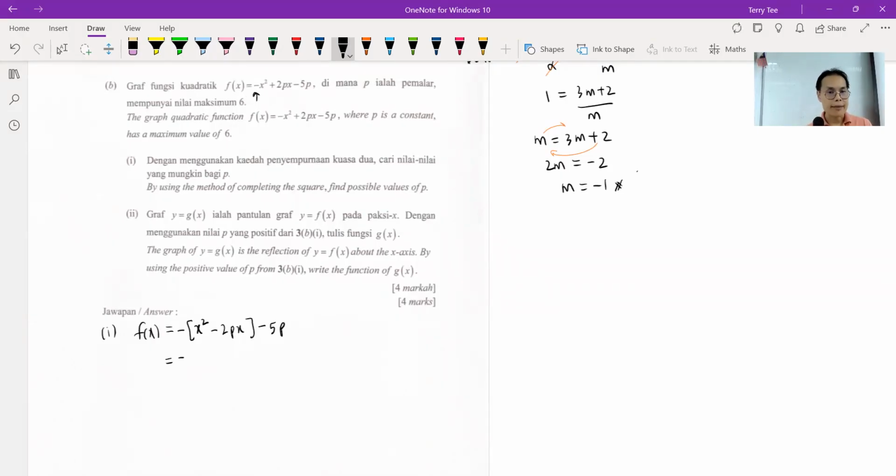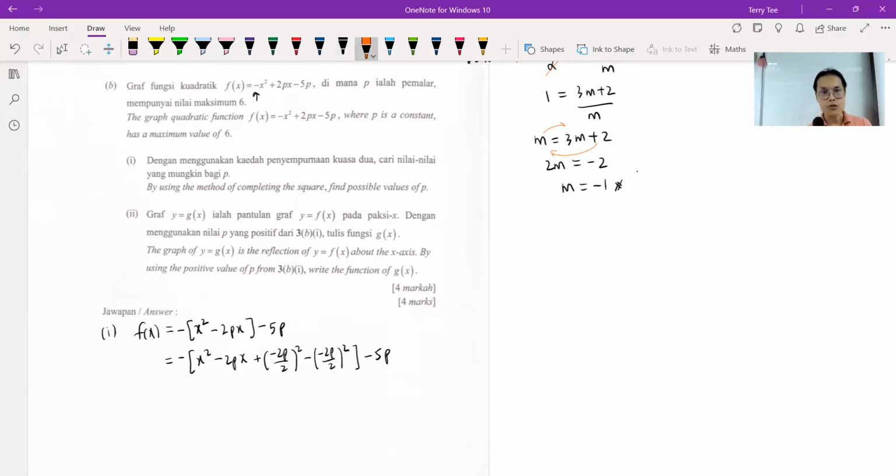Now, next, we're going to add a number. That number should be half of minus 2px. Okay, so let's write minus 2px, you divide by 2, and you got to square it, then you minus it off. Okay, keep the minus 5p outside.